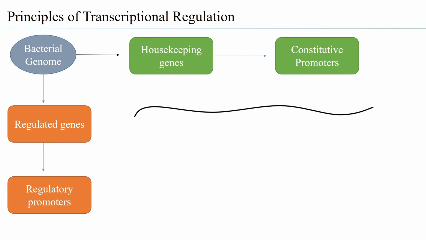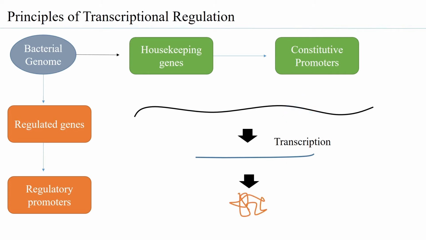So we are looking at the fact that if you have a DNA, from DNA you will get RNA. So that is what is called transcription. And you know that the RNA pol always binds to the promoter region, starts the transcription, completes the transcription to basically give the RNA. Now this RNA is then translated into its respective protein. So in this central dogma, where are the control points of regulation?